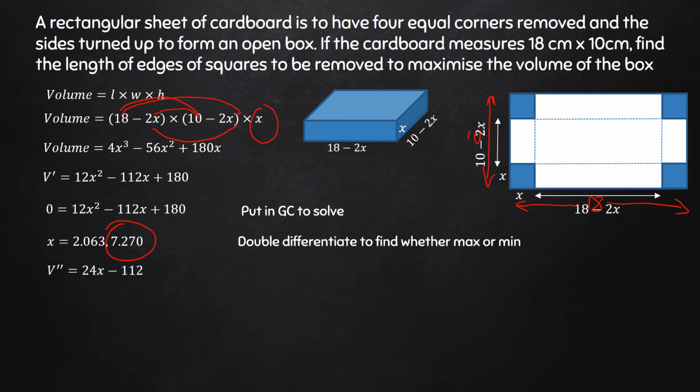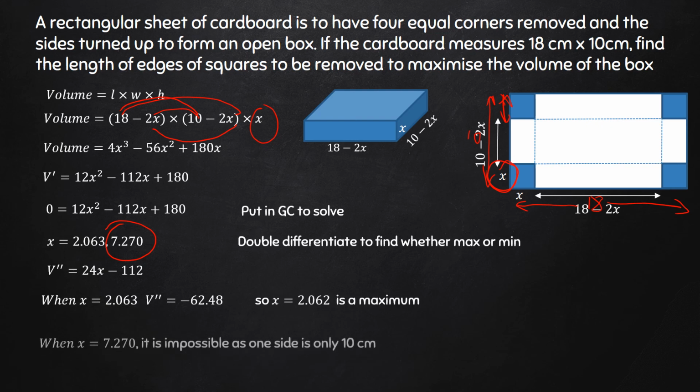So there's our v double dash, but we know that 7.27 is impossible, because if we have a look at x here, if we had two x's being there and there, both being 7.270, that would be bigger than the 10 centimetres that's already there. So therefore there is only one answer.